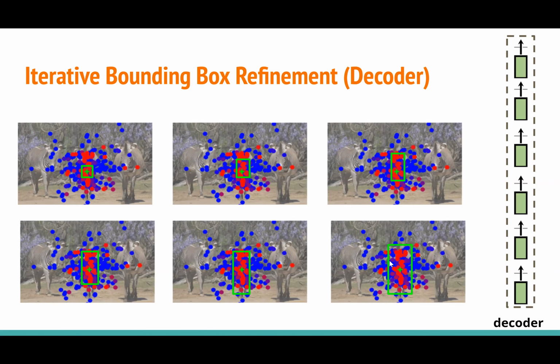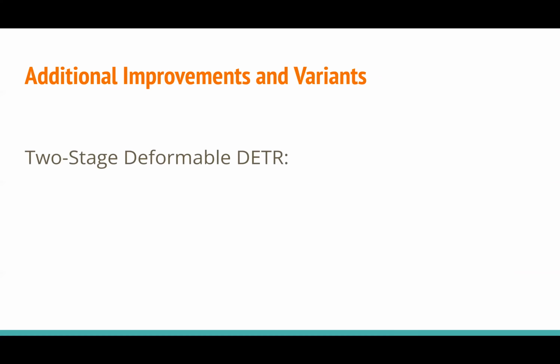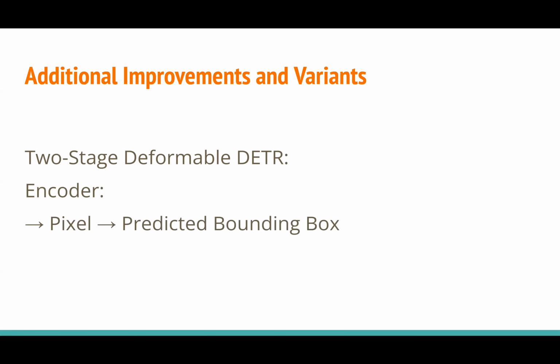Another thing I can do is make it a two-stage deformable DETR. Here, in the encoder, I'm going to take each pixel and make a small prediction as a bounding box, and I'm going to skip the decoder and give that as my output.